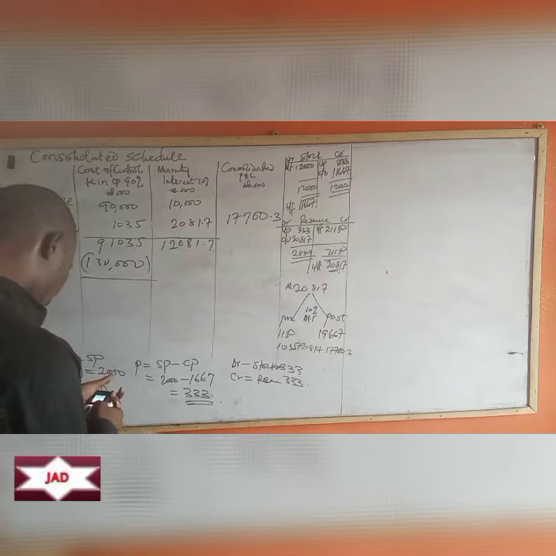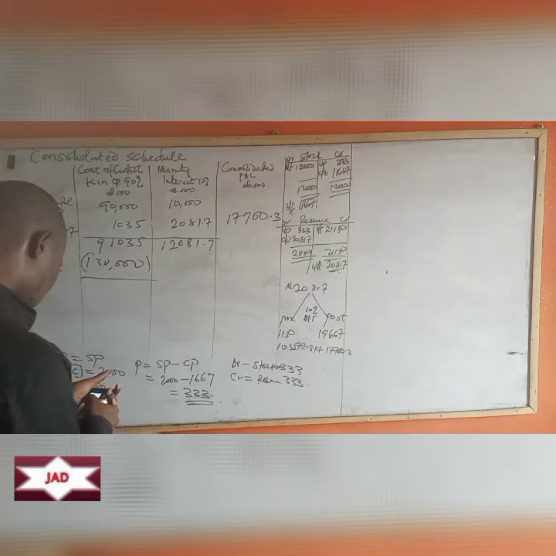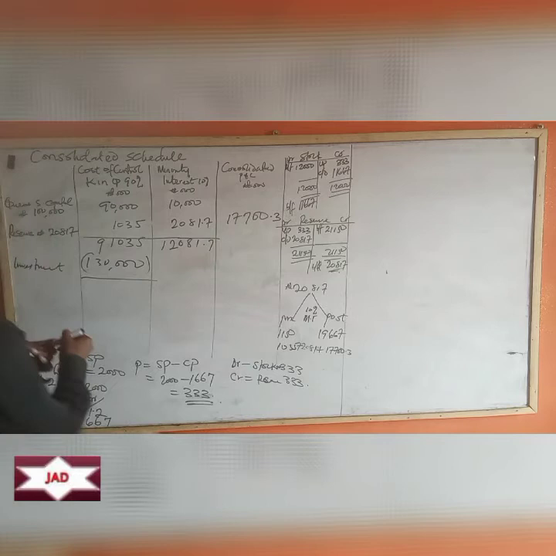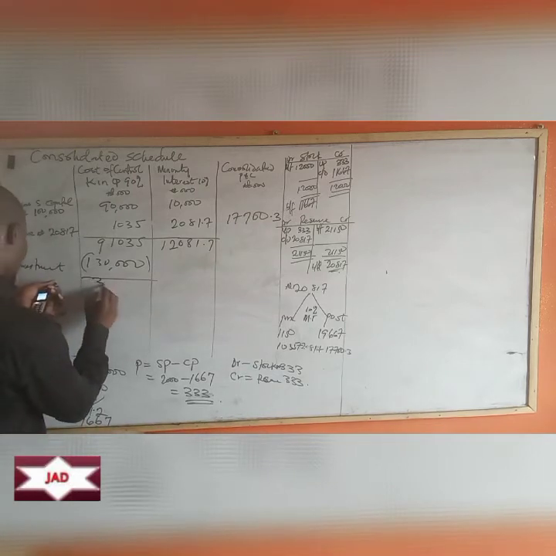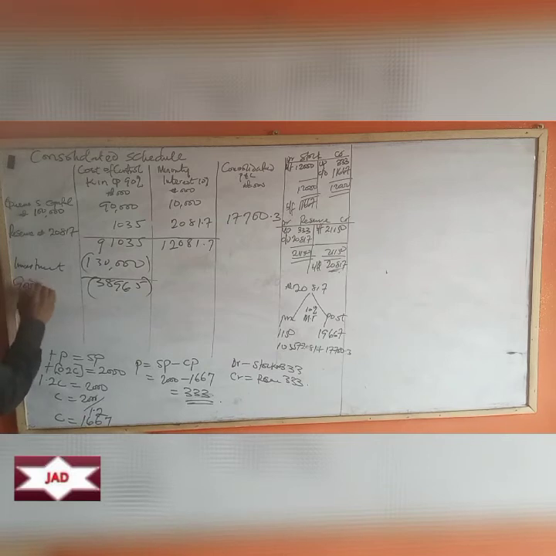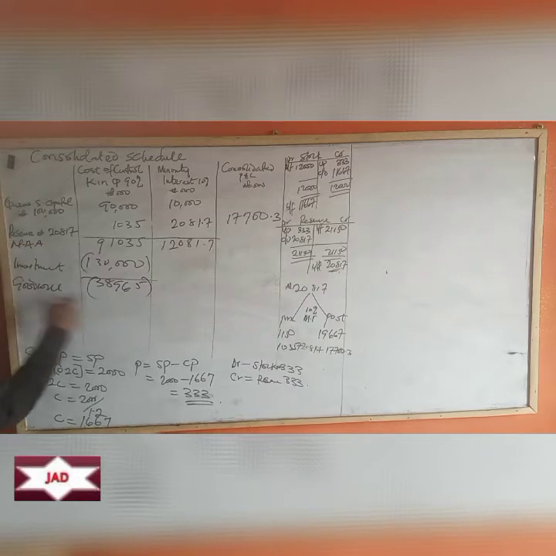We have 130,000 minus 91035. What do we have there? So we have 38965. This is your goodwill on consolidation. This is your net asset acquired. So this is your goodwill on consolidation.